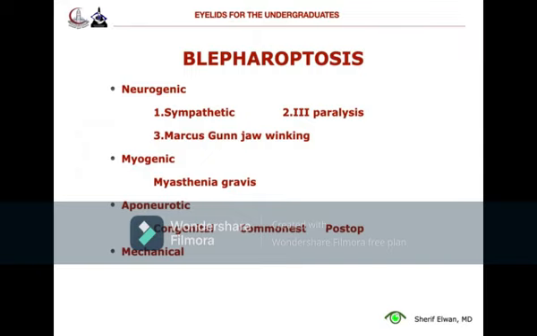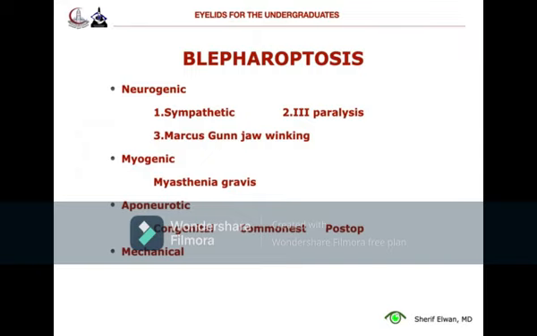So if the nerves supplying the muscle are affected, this will lead to ptosis, and this is called neurogenic. If the muscle is affected, this is called myogenic, and if the aponeurosis is affected, this is called aponeurotic. And finally, a mass that may drop the lid causes mechanical ptosis.